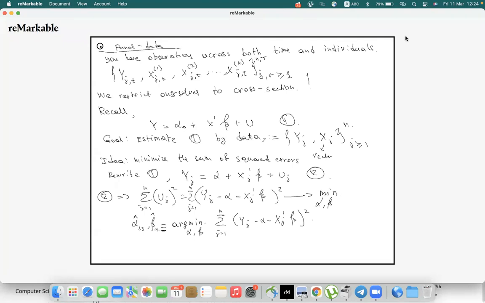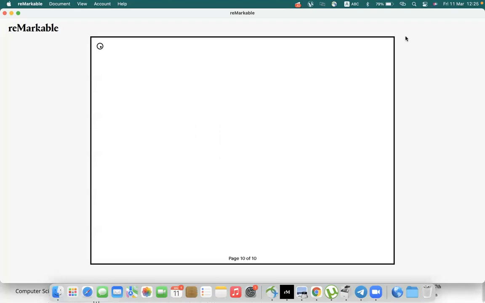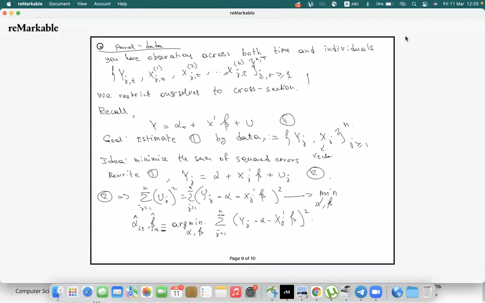So do you guys have any idea how to minimize the function? Let me write this down. This minimization program is number 3. How do you perform this? How do you minimize a function? One minute, please.